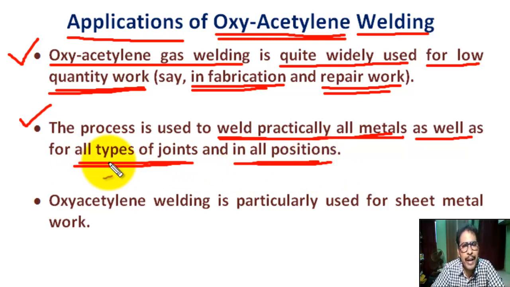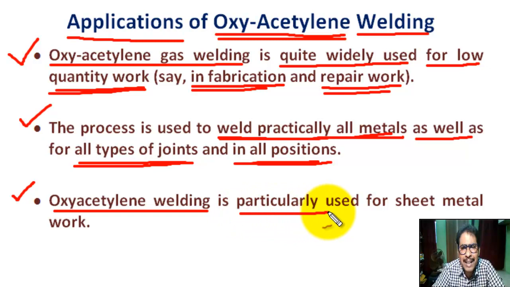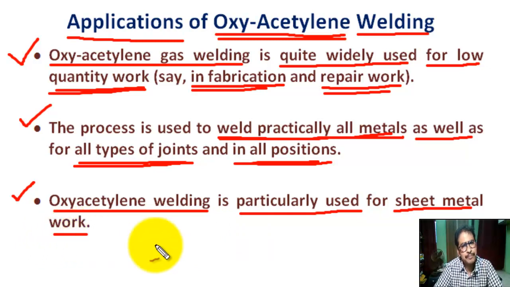All types of joints, that is lap joint, butt joint, etc. In all positions means horizontal, vertical, overhead. Acetylene welding is particularly used for sheet metal work.